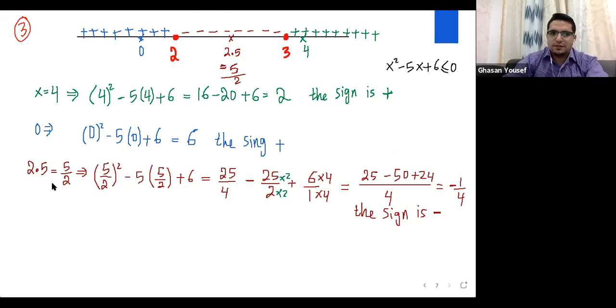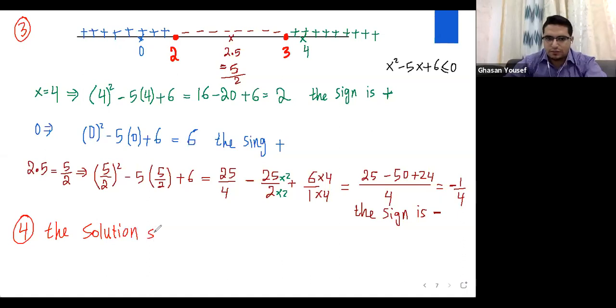So the last step, number 4, the solution set is the closed interval, because we have to make the 2 inside the solution set, because we have equal, from 2 to 3, and also the 3, the same thing. At 2, the equation here would be 0 when we plug in the 2, and when we plug in the 3 it would be 0. So the solution set is from 2 until 3, and we have to close the interval because 2 and 3 are solutions for this inequality.